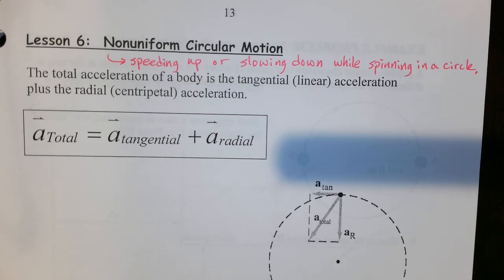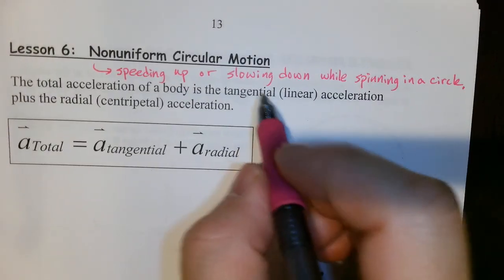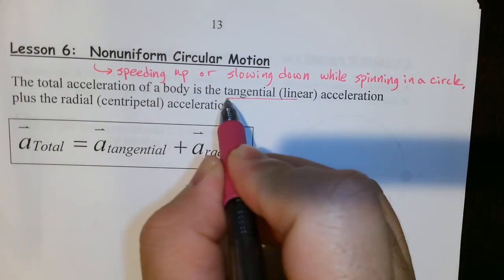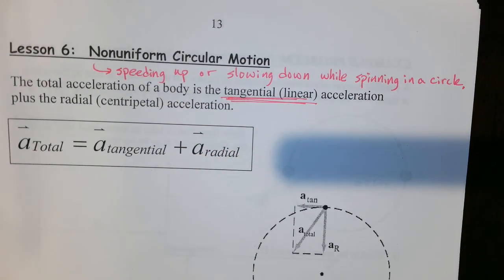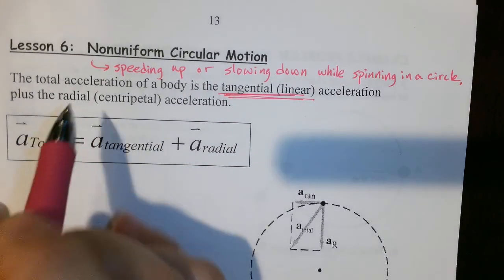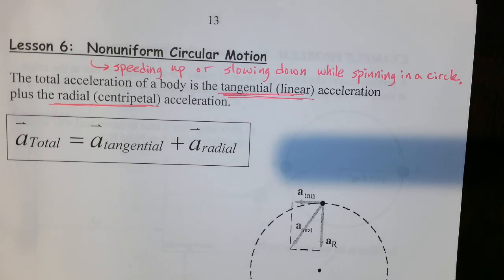That linear acceleration is caused by the tangential acceleration because the velocity vector is pointing tangentially. So the tangential acceleration is the linear acceleration. And the radial acceleration or centripetal acceleration is happening because the velocity vector is changing its direction.